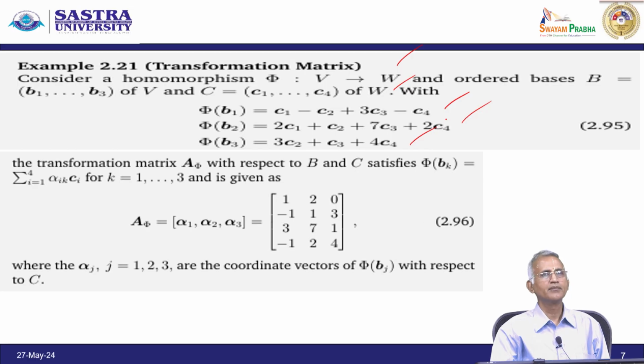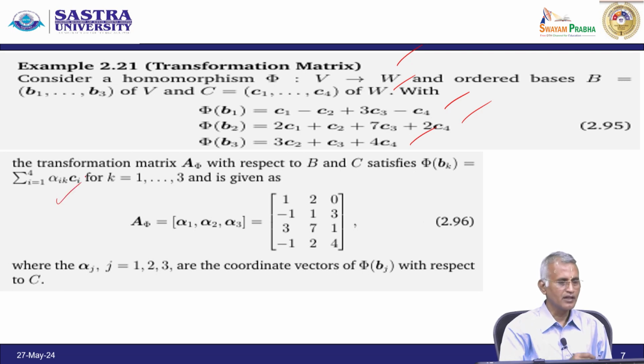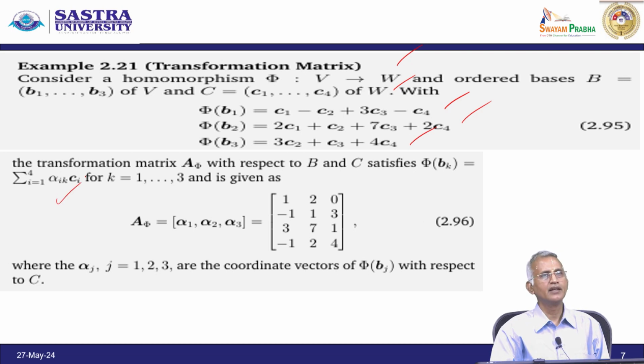Now, the transformation matrix A phi with respect to B and C satisfies phi of bk equal to summation i equal to 1 to 4 alpha ik ci for k equal to 1 to 3, and is given by A phi equal to alpha 1, alpha 2, alpha 3.